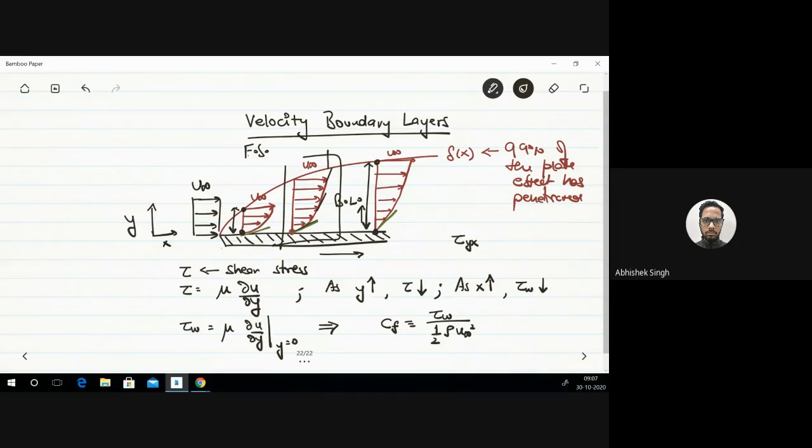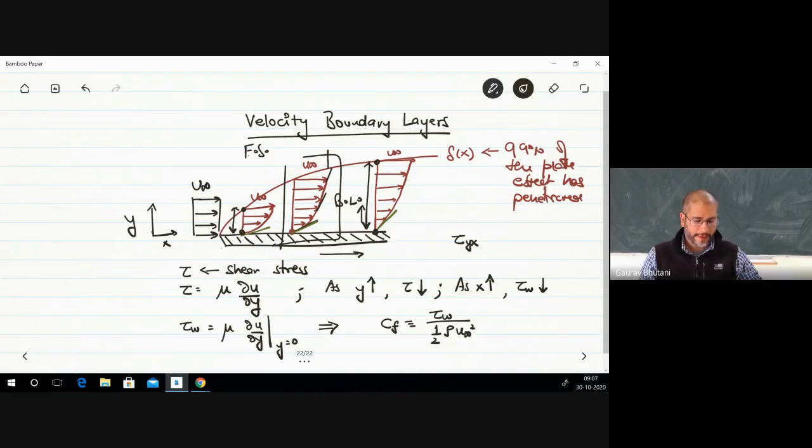Sir, is the vertical component of velocity zero here? Well, this is something that we are assuming here. In most boundary layer analysis, when you have an ideal flat plate and the flow enters from left to right completely in the x direction, then you'll have no v component.